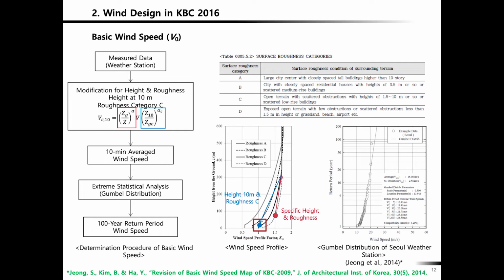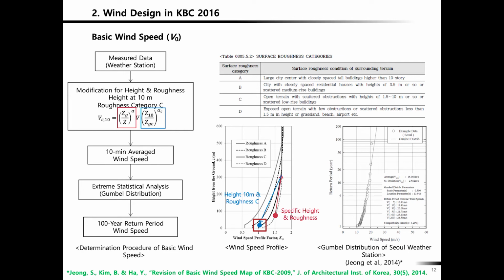Every region, if you say the mean wind speed is 20 meters per second, and in region A you have 20 meters per second, and in region B, 20 meters per second, anyway, the wind characteristic is the same. Of course, at site A you have very rough surface roughness, B maybe not. Then you will have a different factor.